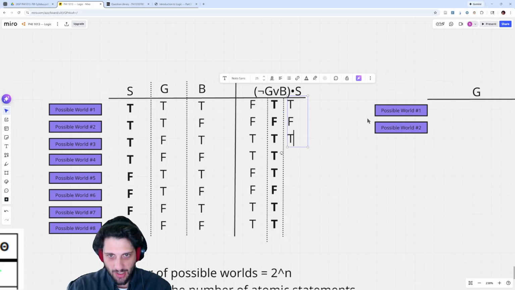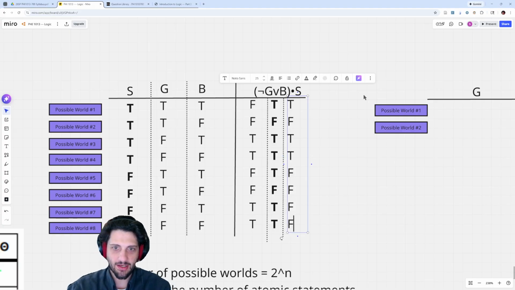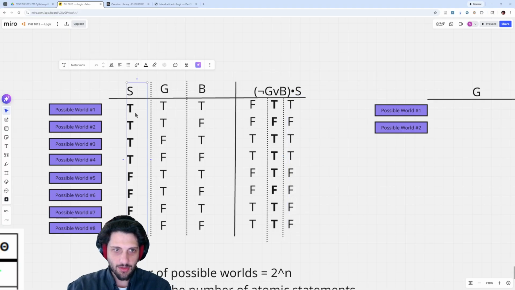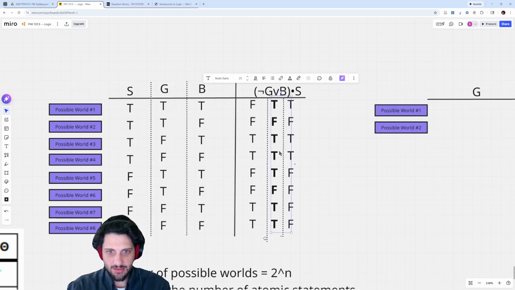Then we have a true left and right, a true left and right, a false right-hand side, a false on both sides, a false on the right-hand side, and a false on the right-hand side. Okay, now let me go ahead and unbold these.